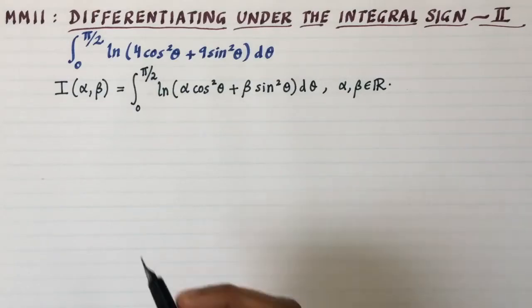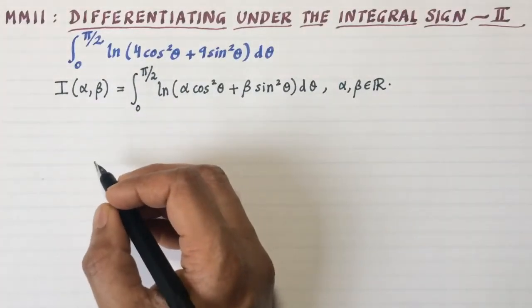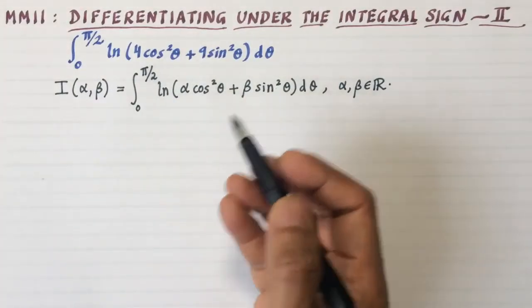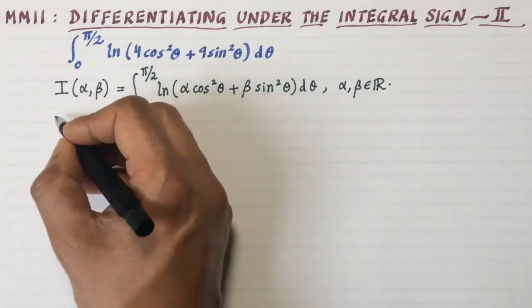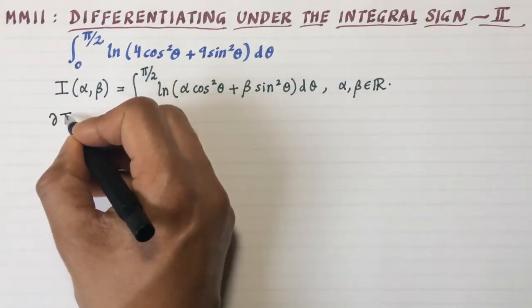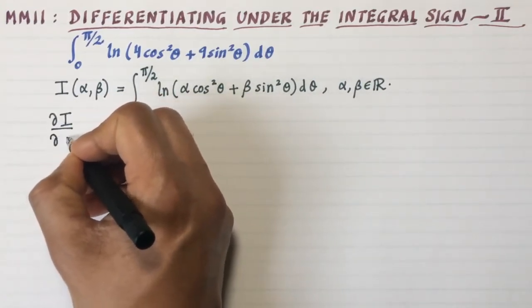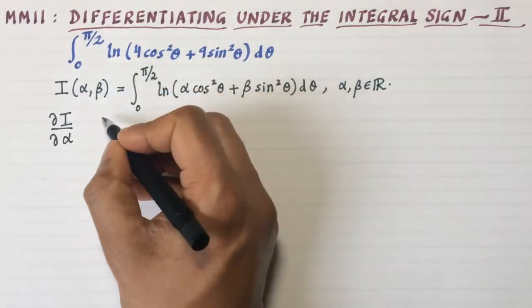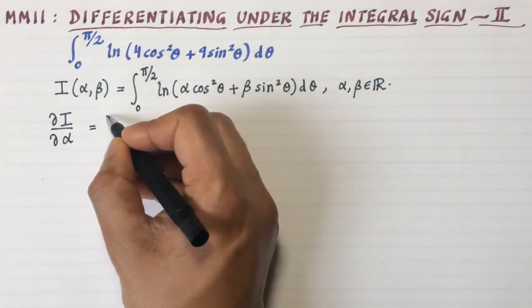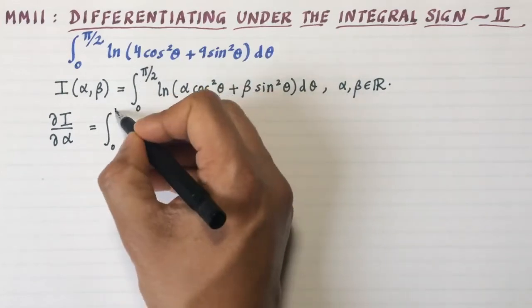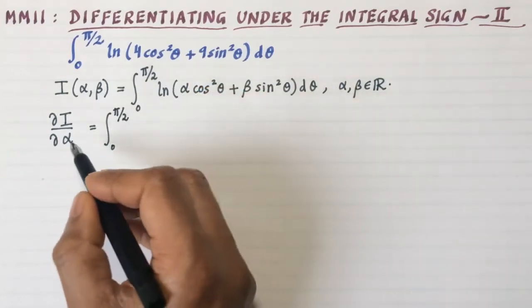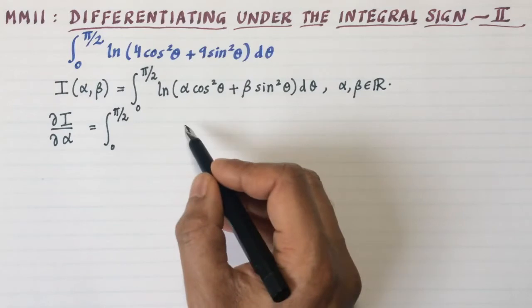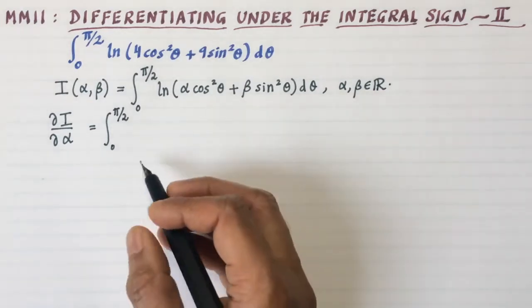Now let's try to see what I would get. Either alpha or beta can be picked. I'll just pick alpha. If I differentiate with respect to alpha, does this integral become anything simpler? So that's going to be the integral from 0 to pi over 2. By using the technique of differentiating under the integral sign, I go inside the integral sign and differentiate with respect to alpha.